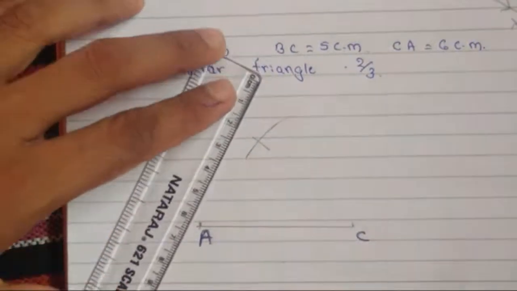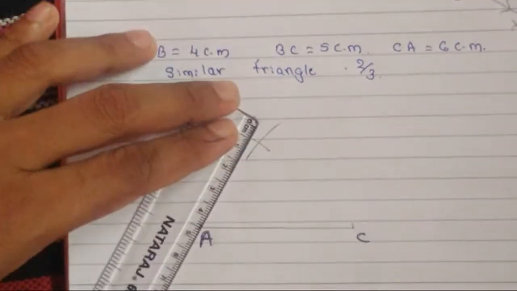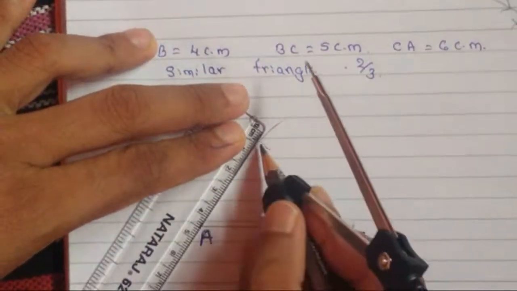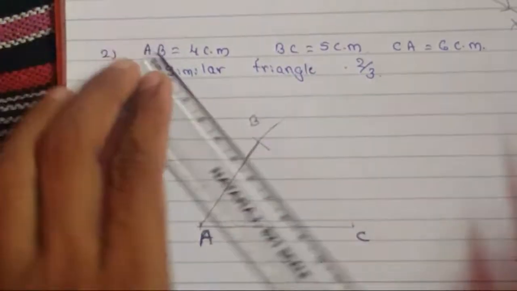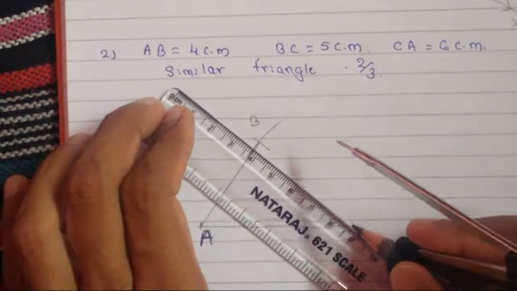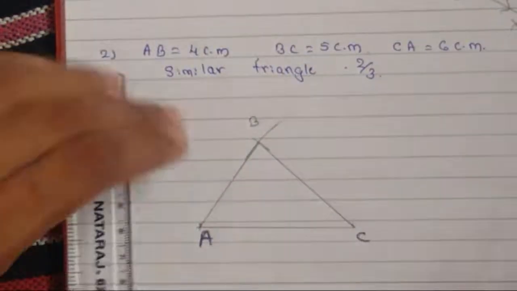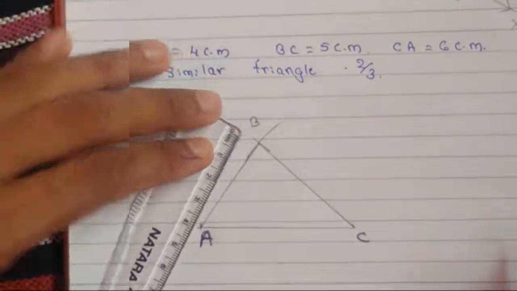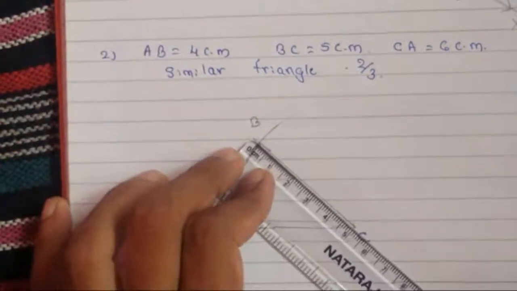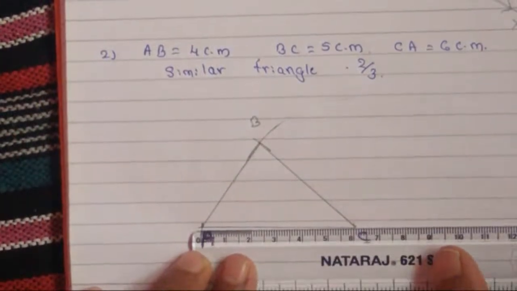Now we'll join. So I'll call this point B. Now I'll join point B and A, and similarly point C and B. So see here, AB length is 4 centimeter, BC length is 5 centimeter and CA length is 6 centimeter.